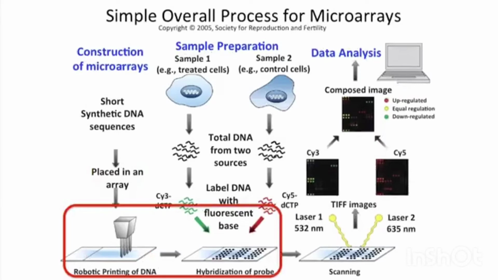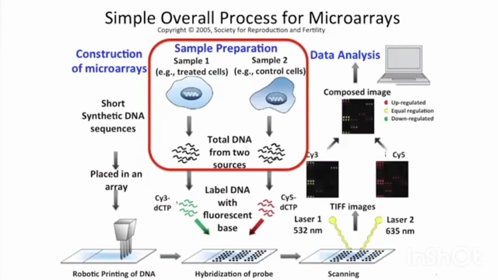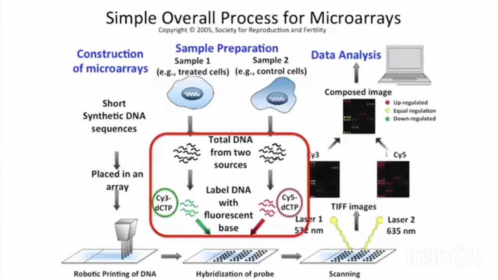We now take DNA from two different sources. We can label those DNAs with a fluorescent base at its end, either Cy3 or Cy5 dCTP. Cy3 and Cy5 are fluorophores that have different absorbance and emission of fluorescence, so you can distinguish them.